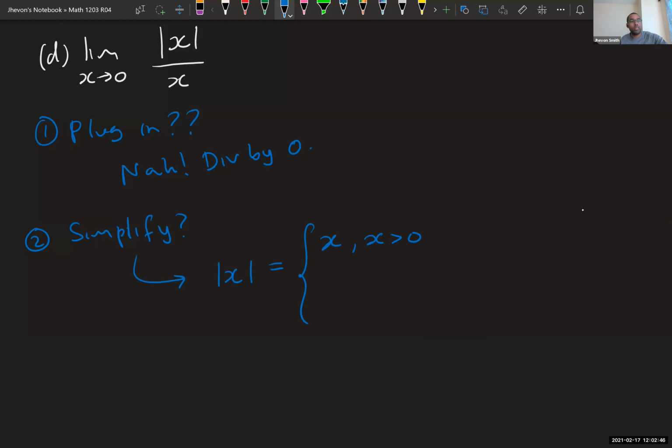What else is it? It can also be negative x when x is negative. What if x is 0? What's the absolute value of 0?